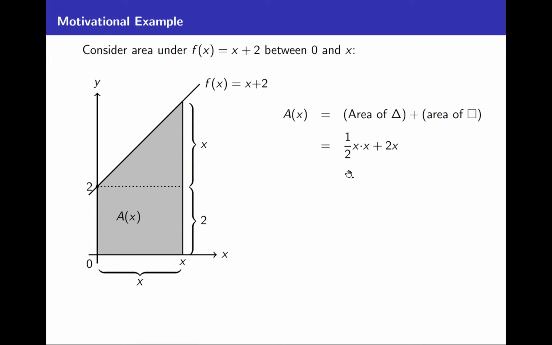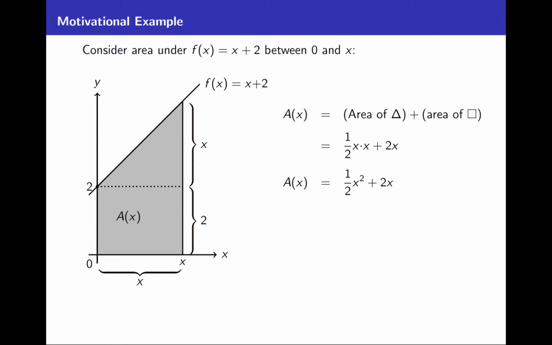The area of the triangle is 1/2 base times height, that's 1/2 x times x, plus the area of the rectangle is height times base, which is 2 times x. So A of x is 1/2 x squared plus 2x. So as x changes, the area A of x changes as well. For any x, it's always 1/2 x squared plus 2x square units.